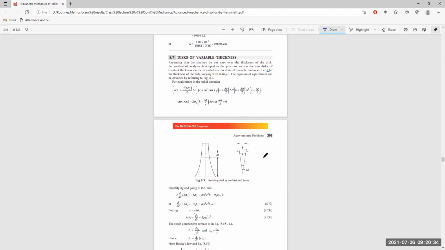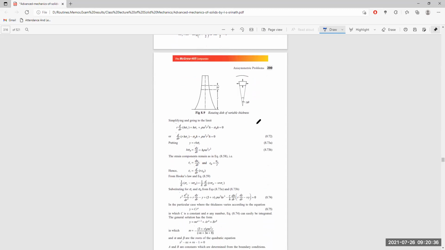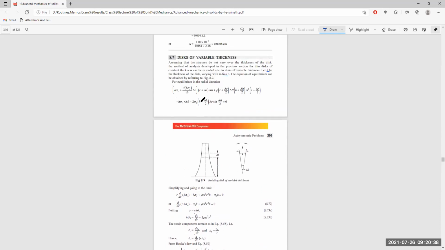Now what we do here, the process is more or less simple. If we simplify and go to the limit, a lot of terms will be eliminated, and this equation will go to the form: d by dr of r h sigma r, plus h sigma r, plus rho omega square r square h, minus sigma theta h is equal to 0. So what is sitting here?